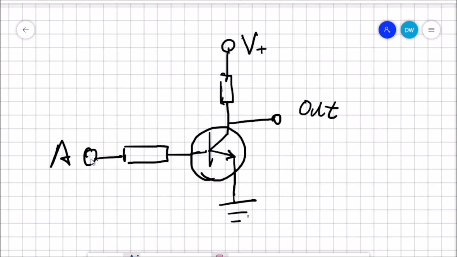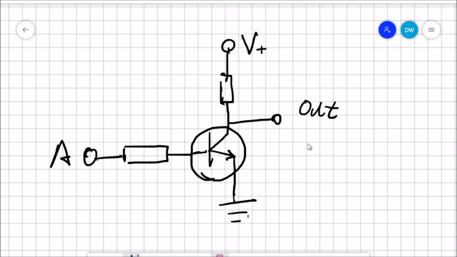So what happens if we apply a logic low here? Well, if we get no voltage here, then there will be no current going into the base of the transistor. So there's nothing here, which means the transistor won't switch on. So all the current here will be going out.